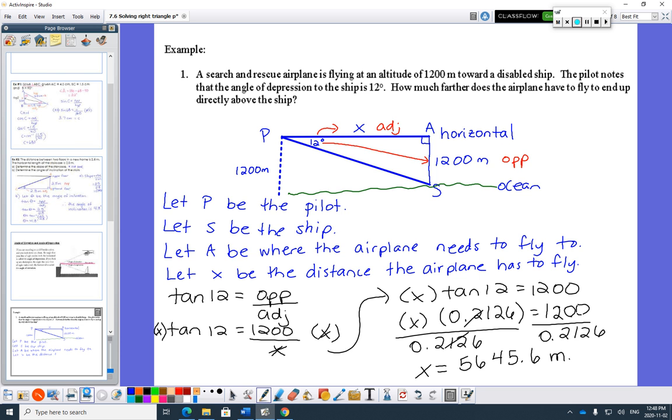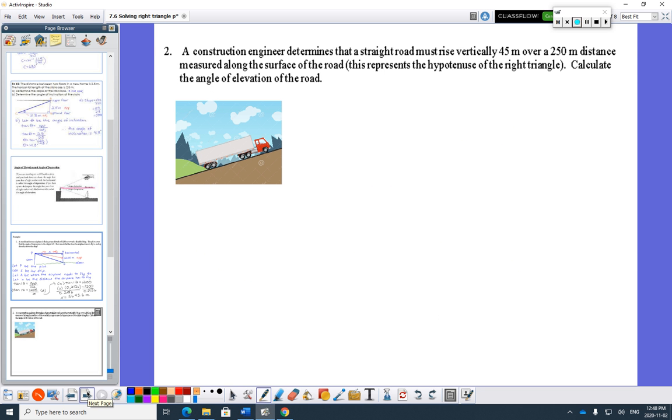Okay, so for the next one, we're given kind of half a picture. And maybe you can see the triangle, but again, you want to make sure that you either draw the triangle over top of the picture and label it, or sketch it beside it. Traveling up a road is a really common question, similar to the stairs with the inclination.